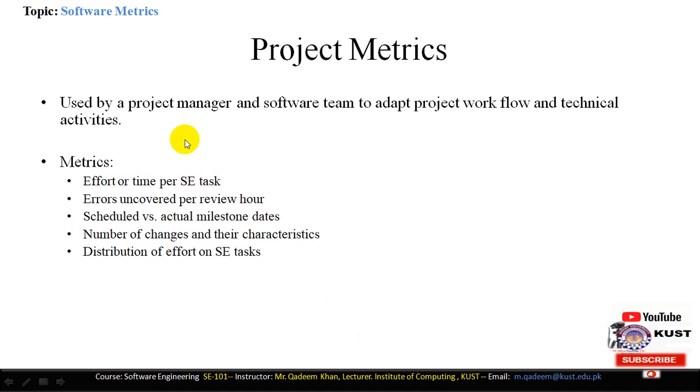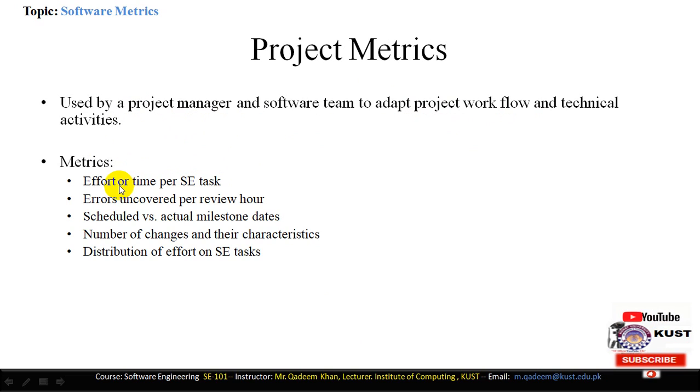The project metrics have different examples. The project metrics are usually used by the project manager and software team to adapt the project workflow and technical activities. And these are the metrics of the projects. It includes effort or time per software engineering task.